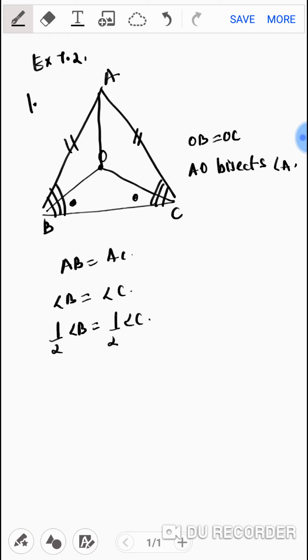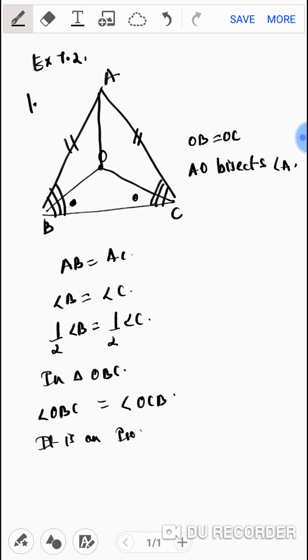Once I got that, in triangle OBC, if angle OBC is equal to angle OCB, it becomes an isosceles triangle. Therefore, OB is equal to OC. Hence your first is proved.